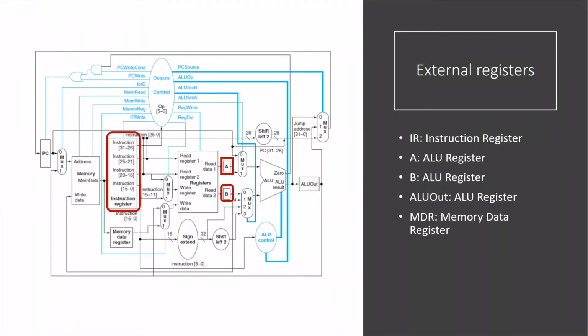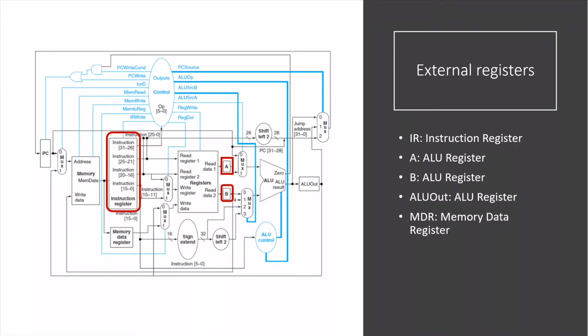Now let's talk about the external registers. There are the IR, which is the instruction register, A, which is the ALU register, so is B, the ALU out, which is the ALU register that stores the ALU computation results, and the MDR, or the memory data register.